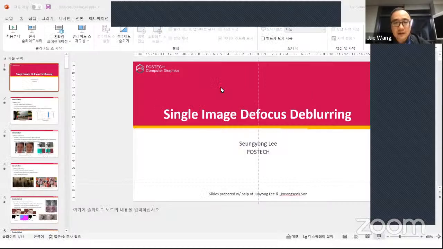That's okay. Take your time. Let me try again. What about this? Now is it okay? Same problem? Yeah, it's the same problem. We still see a black region. Even if you share only PowerPoint, if it's occluded, that's still occluded.